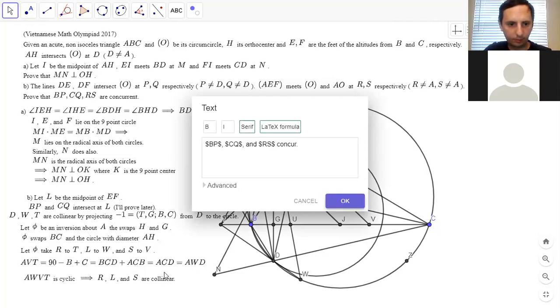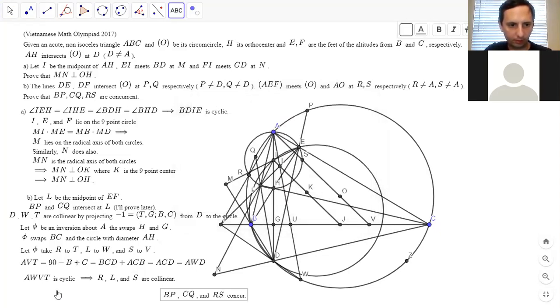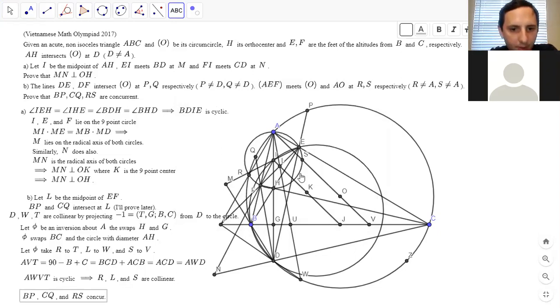So now I'm going to read what you wrote in the chat because I know I didn't. There are a couple of things I skipped here. So let's see, angle AVT. That's 90 minus OAD.